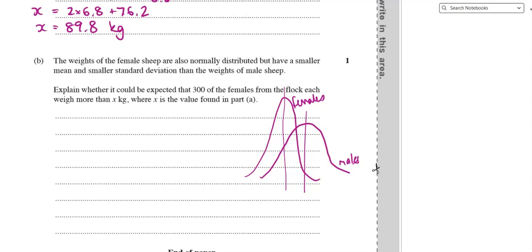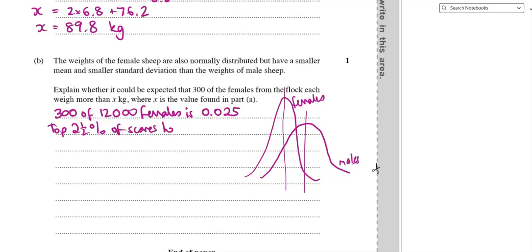So let's work out where 300 of the 12,000 females is. 300 of 12,000 females is also 2.5%. The top 2.5% of scores have a z-score of 2, but the females' mean is lower.